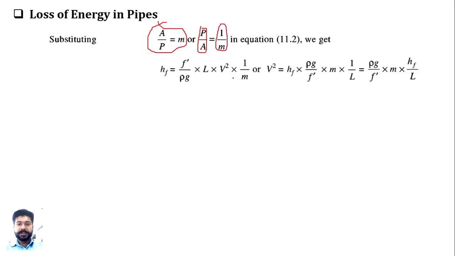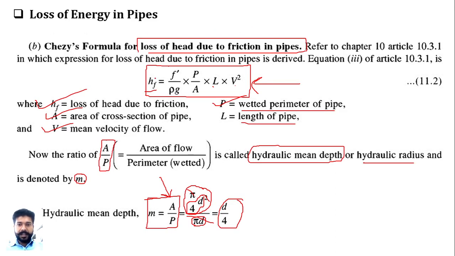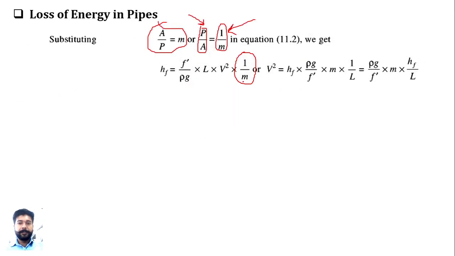Let's put this value in place of P divided by A. So we are putting 1 divided by m in our previous equation. In place of this P by A, we are putting 1 divided by m.